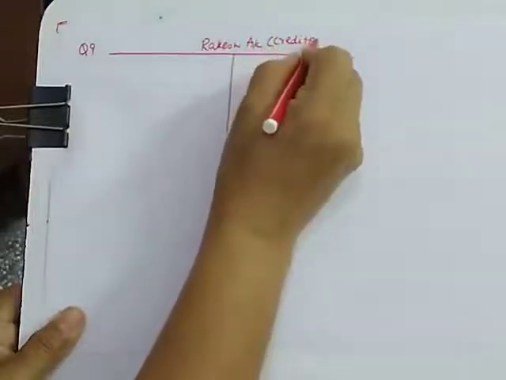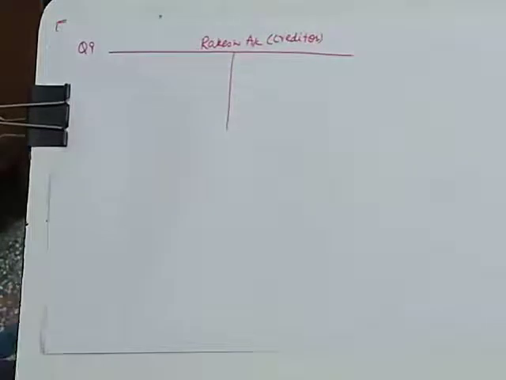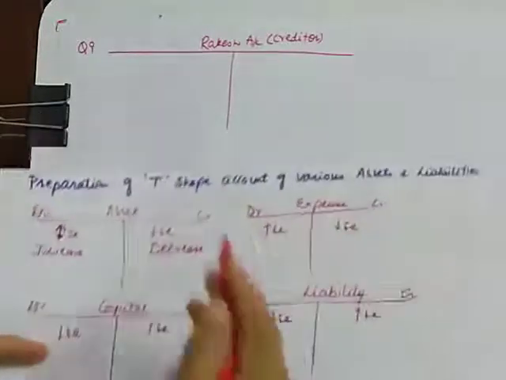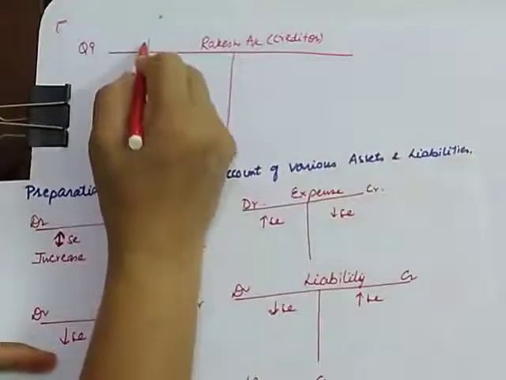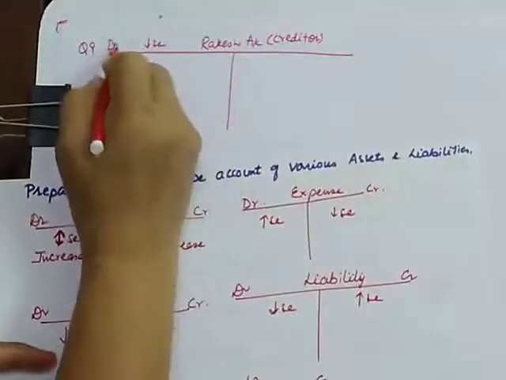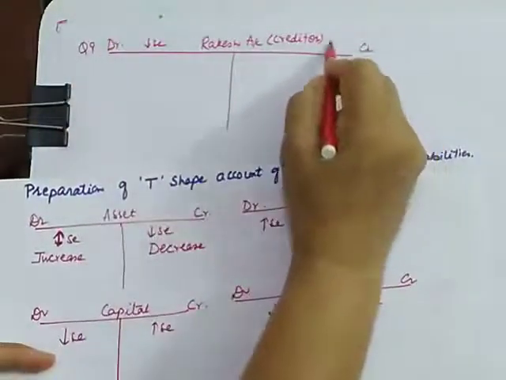In case of creditor, you will have the opposite. Let me show you. Creditor is a liability, so debit side will be decrease, and credit side will be increase.